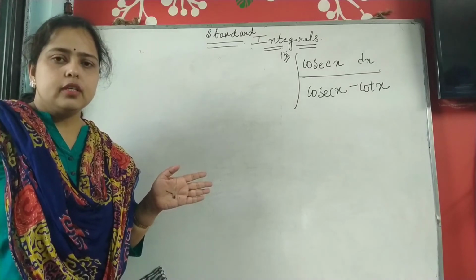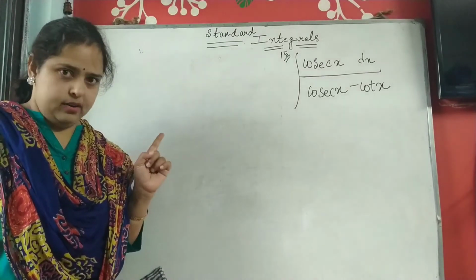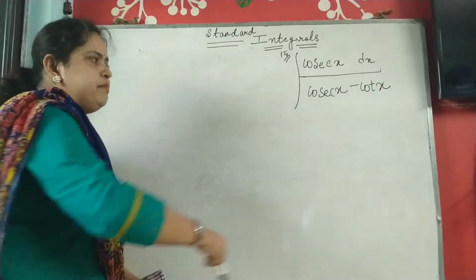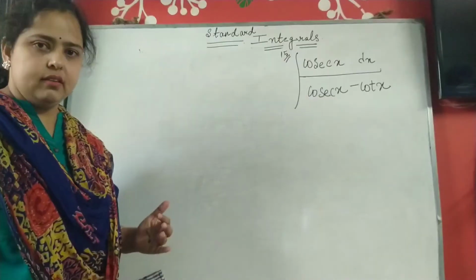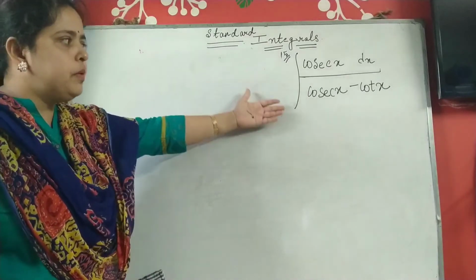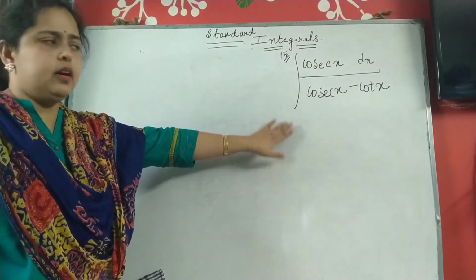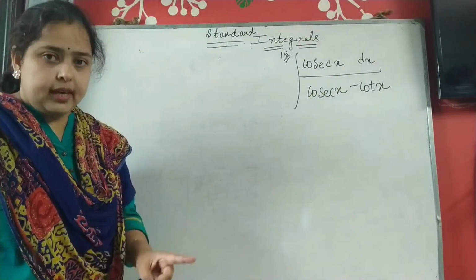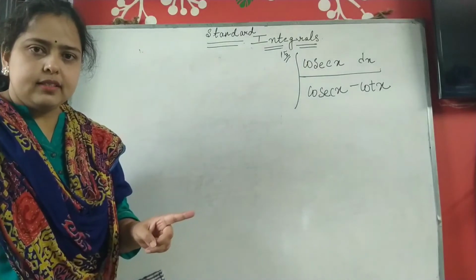How much? Yes, it is 1. Okay, so how to eliminate this denominator? Let us multiply the numerator and the denominator of the integrand with cosec x plus cot x.